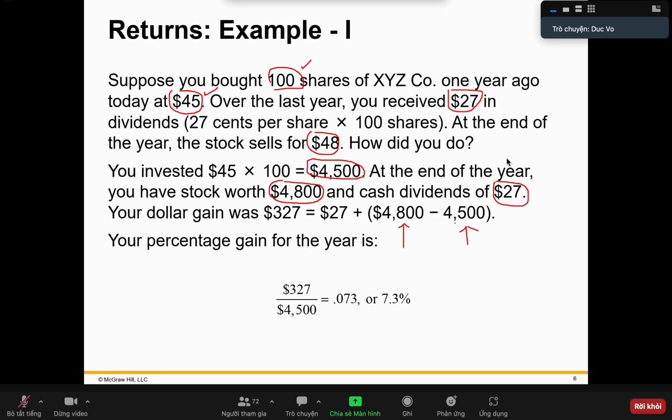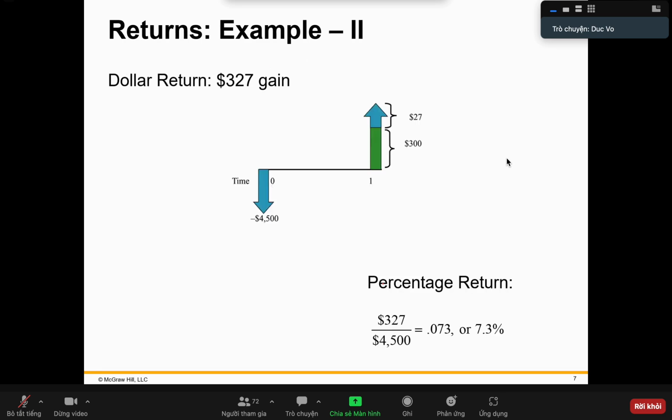The difference is 300. Together with your dividend, the total amount you earn is 327. So your percentage return will be how much you earn in dollars, which is 327, over the 4,500 you invested. That is why your return is 7.3%. Clearly, that will be your return.